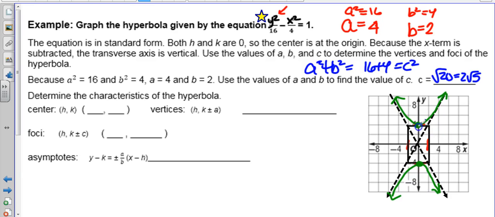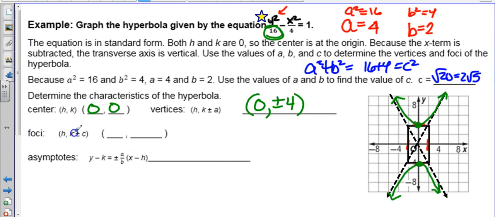So what was the name of that point right there at the top of the rectangle? We went up and down how much, guys? 4. So how do you say up and down 4? (0, plus or minus 4). The center was at (0, 0). Okay, did we already find the foci as well?